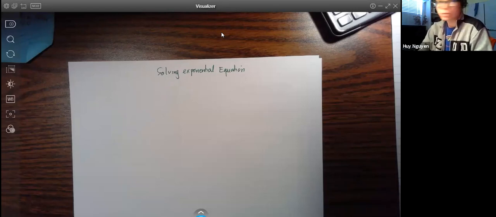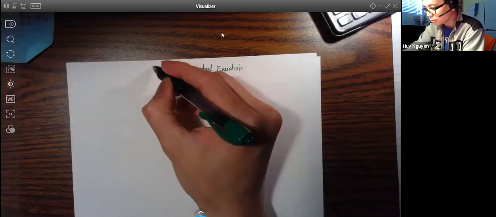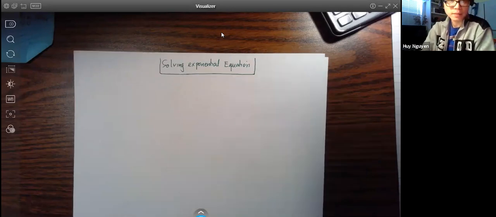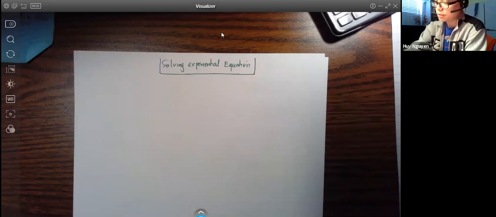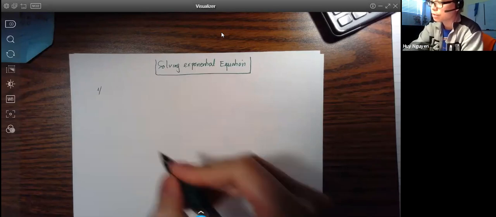There are two methods to solve exponential equations, as I mentioned in my video. The first method to solve exponential equations is using the equivalence property.